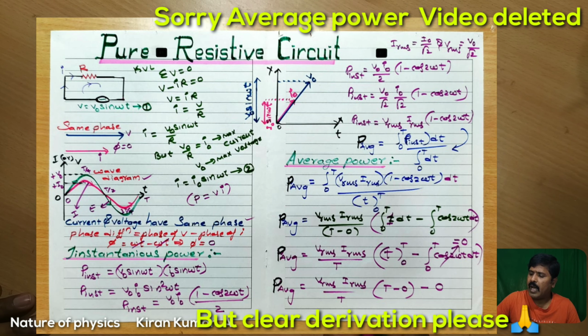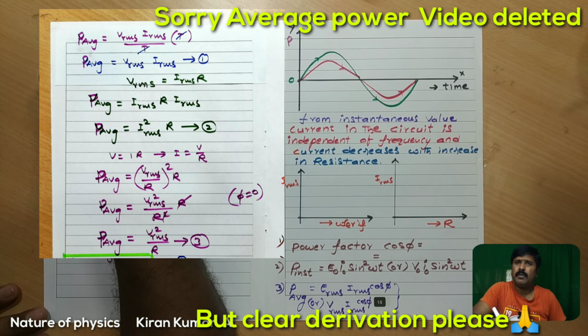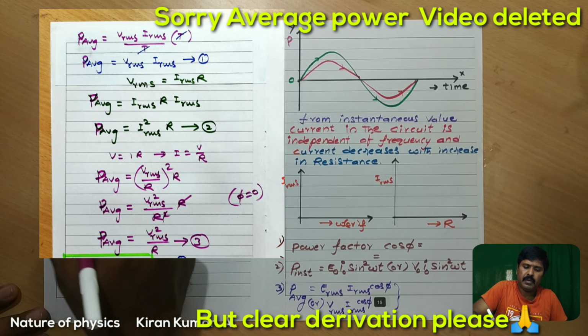VRMS, next IRMS divided by t into t minus 0 minus 0, student. Wait, student, this is the average power. Slowly I did a mistake.